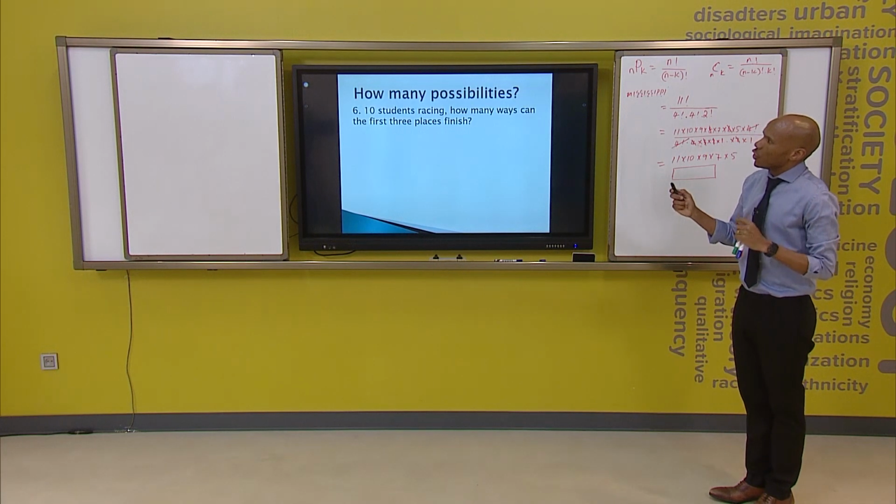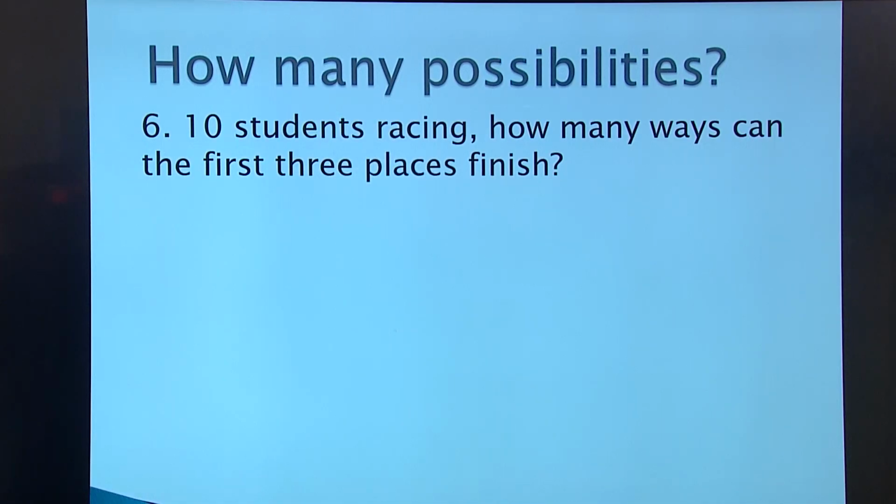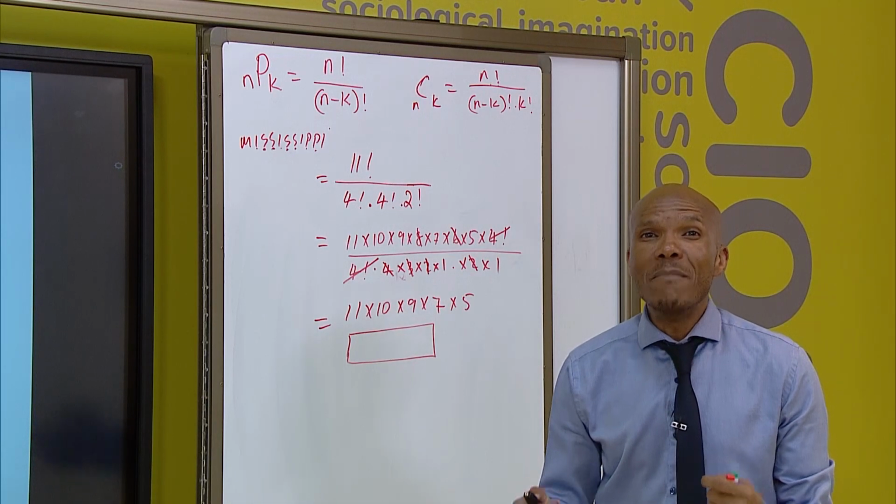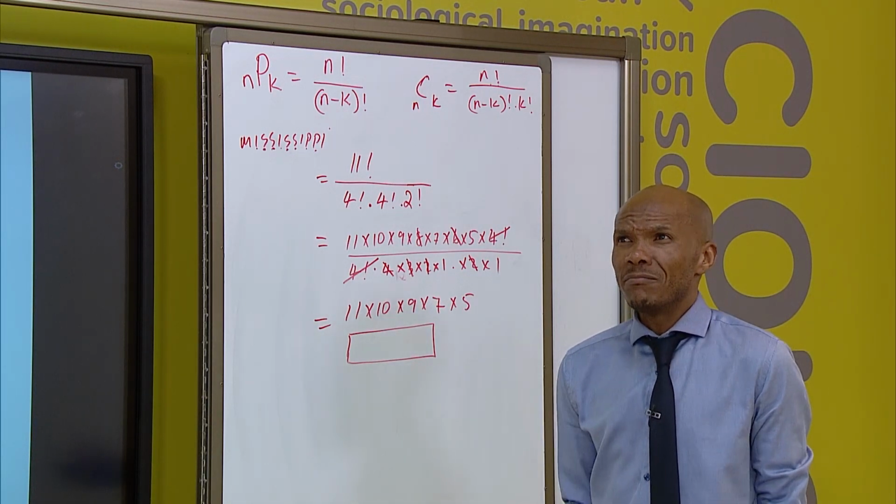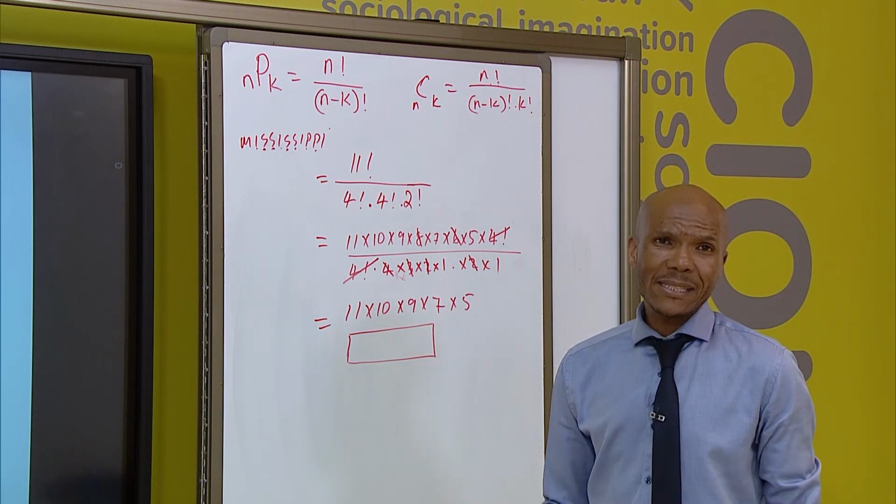All right. You've got 10 racing dogs. And how many different ways can the first 3 places finish? You say 3 places. So you've got the first place, the second place, and the third place. The question that you ask yourself: does order matter? Do I have to put them in any order? I would say yes.